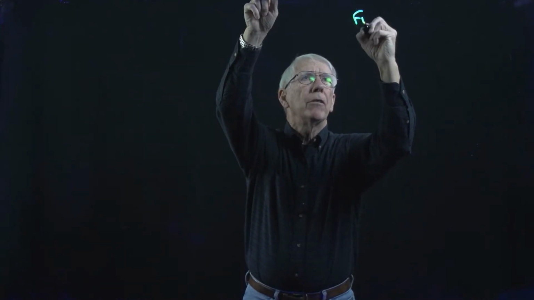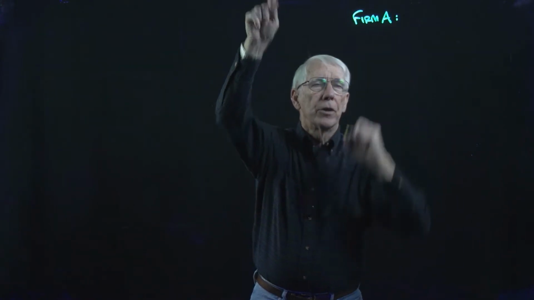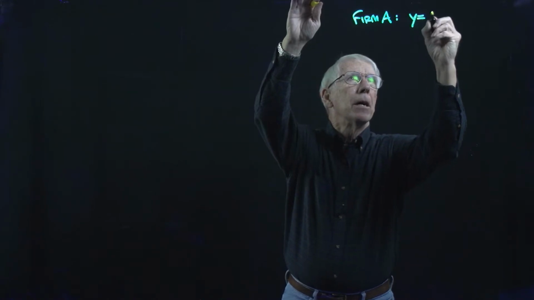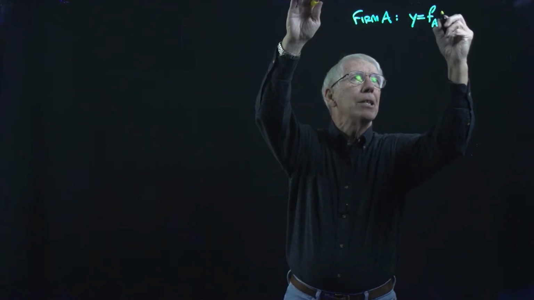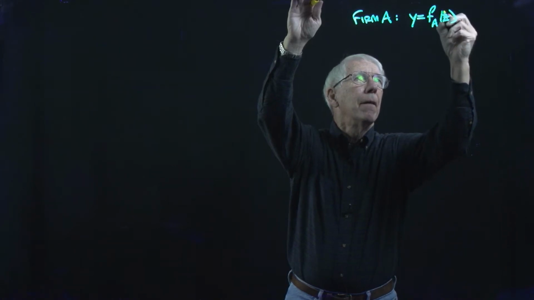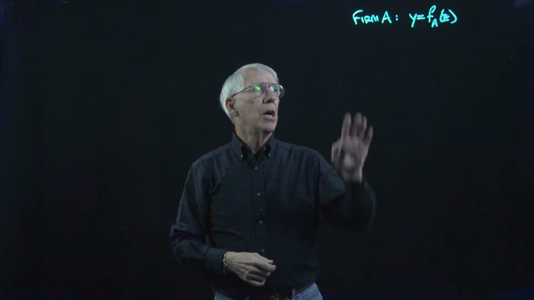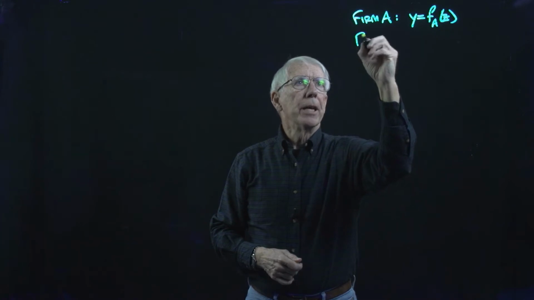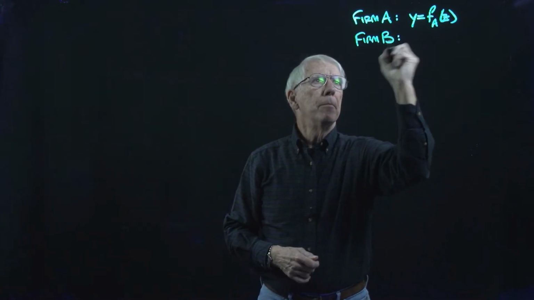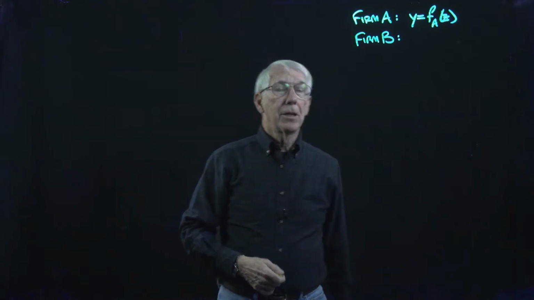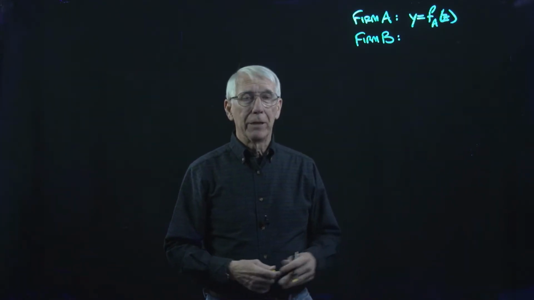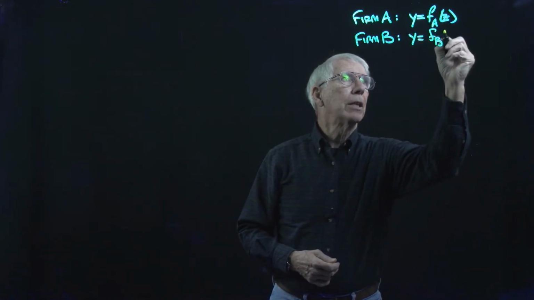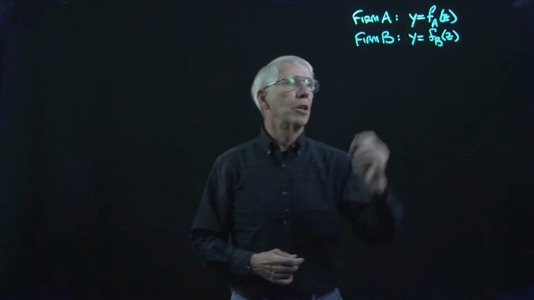So here we have firm A. Firm A's production possibilities are described by a production function, and the same for firm B. Not very colorful names for the firms, but we can live with firm A and firm B. Firm B has also a production function, not necessarily the same as firm A's.